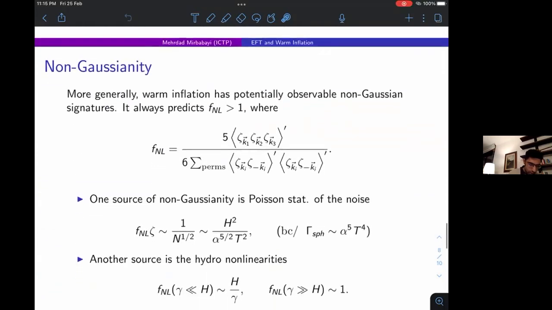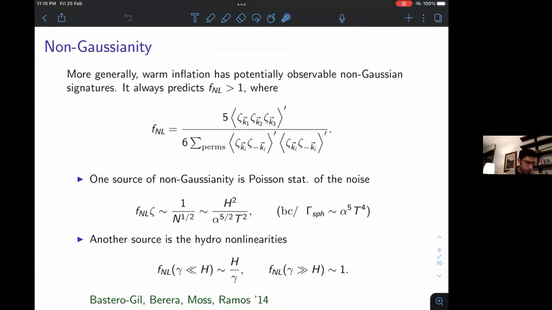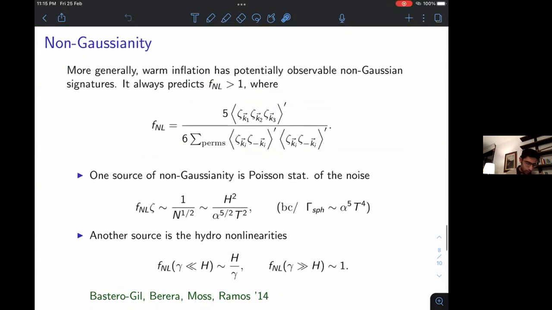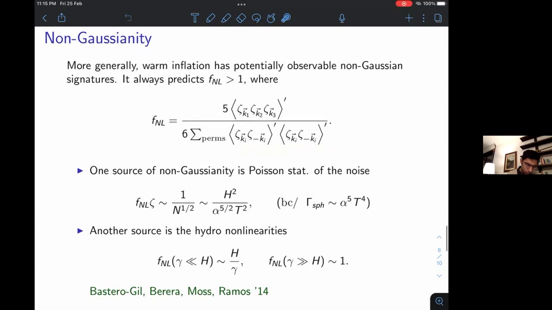But perhaps more interesting would be the predictions of the model for non-Gaussianity, in particular the 3-point function, which we often parameterize by this f_NL function.